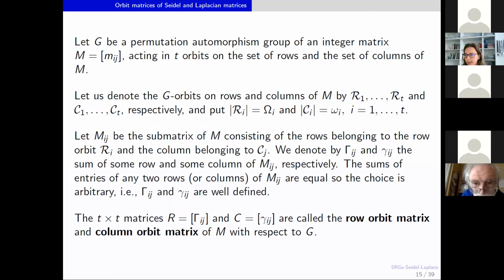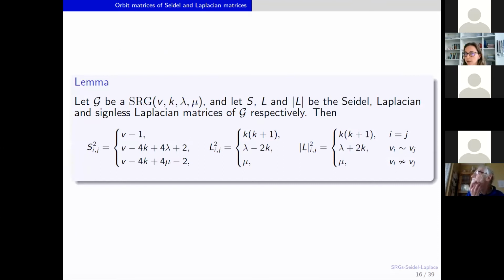And this idea of having an orbit matrix of an integer matrix with respect to a permutation automorphism group, we now applied to Seidel and Laplacian matrices. It is not difficult to show that this lemma holds. So from now on, we will speak about Seidel, Laplacian, and signless Laplacian matrices as our integer matrices. Let G be a strongly regular graph with parameters v, k, lambda, mu.